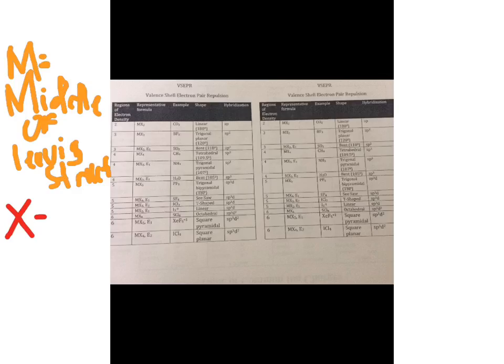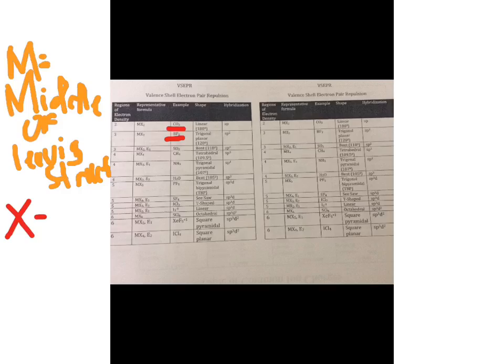In all of these, there's only one M. Like CO2, there's two O's, but there's one C. So what's going to be your M? The one C, because M is always one in this case. You have three F's, but one boron. Your middle element is going to be boron because you have one boron.